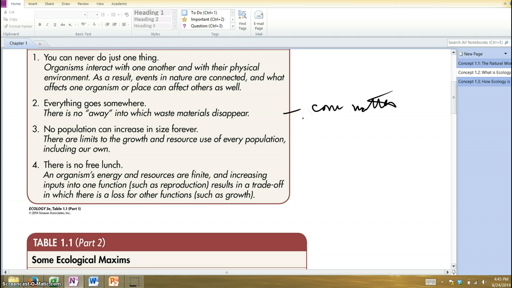We're going to study populations later, we'll see that populations just don't continuously grow. They reach, as we'll see, what's called a carrying capacity. And that carrying capacity, that sort of limit to the size of the population, is typically due to the resources that are available because they tend to be limiting, so the population size will be limited.